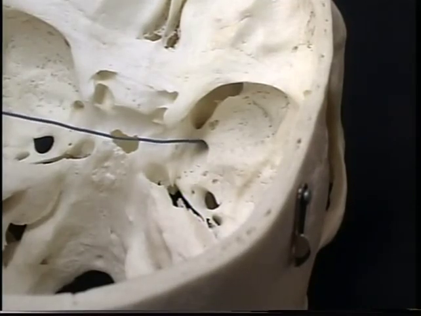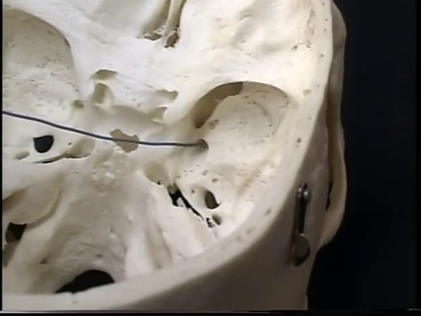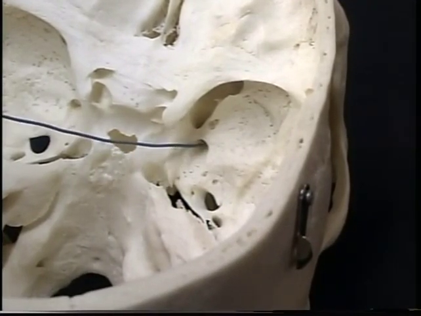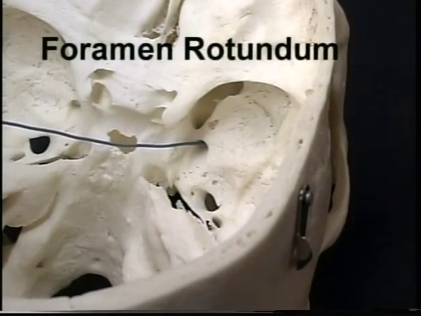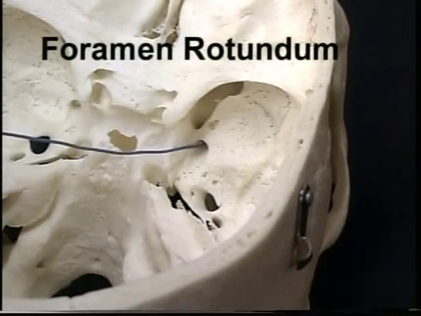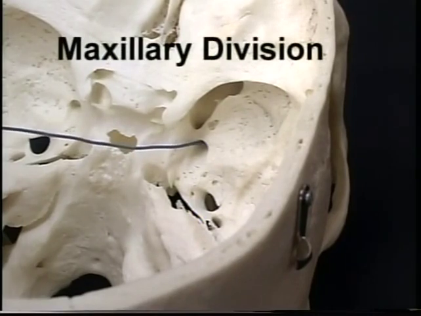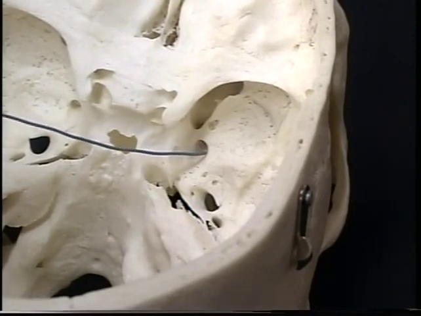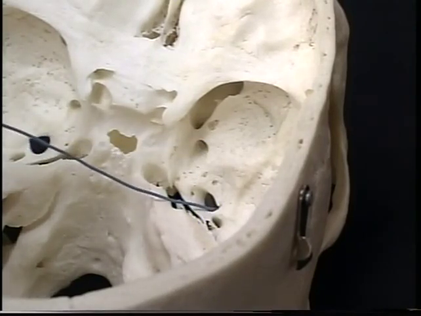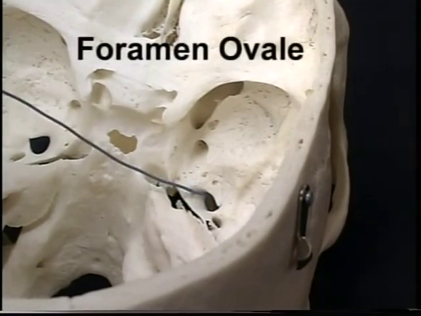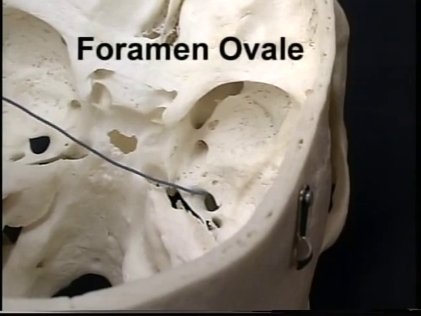Now I am showing you this round opening which lies posterior to the superior orbital fissure. This is the foramen rotundum. The maxillary division of the trigeminal nerve passes through this opening. We come a little bit more posterior to that and find an oval opening. This is the foramen ovale.